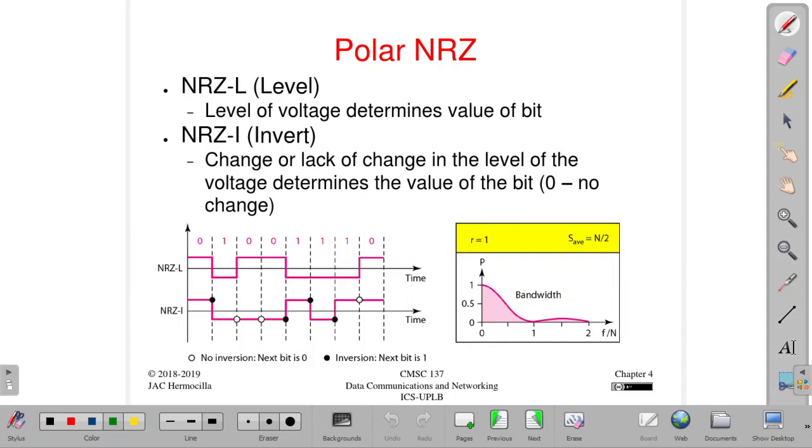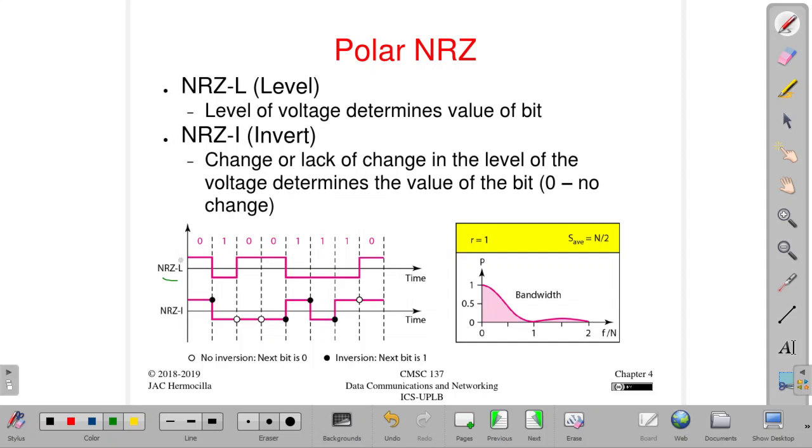So the next is polar NRZ. For NRZ-L, or NRZ level, the level of the voltage determines the value of the bit. For example, here, this is an NRZ-L.